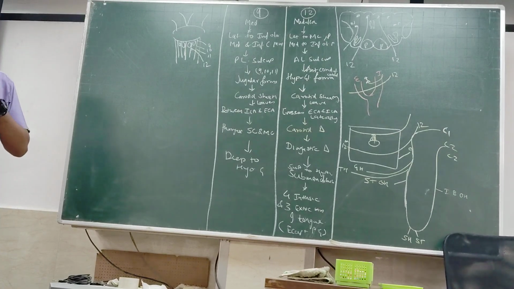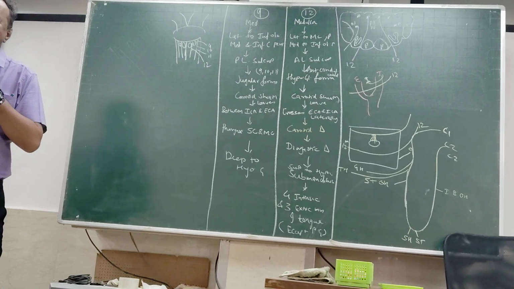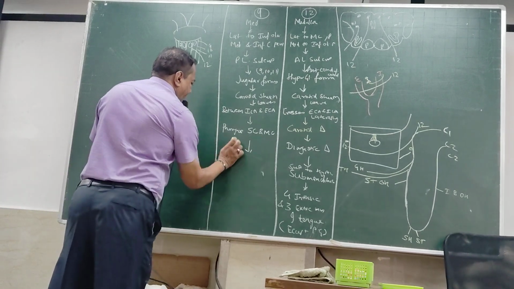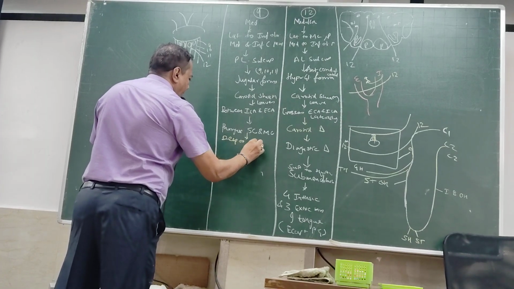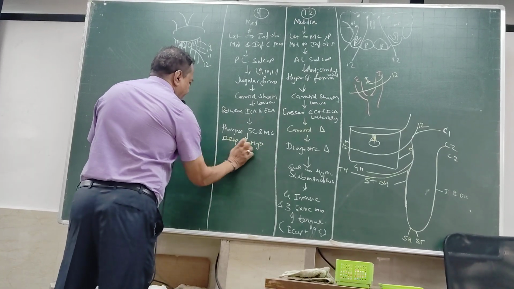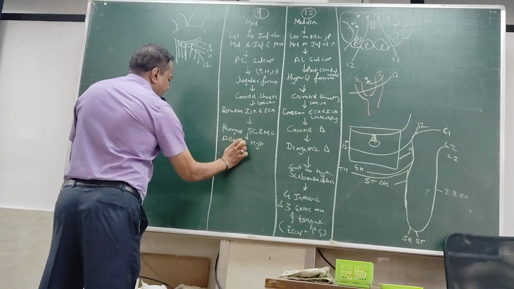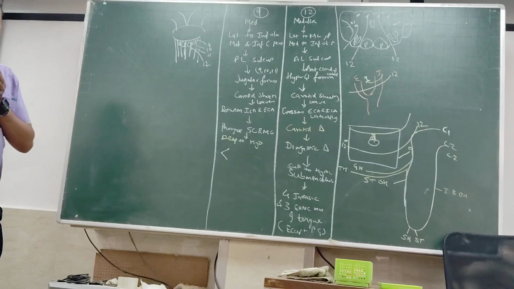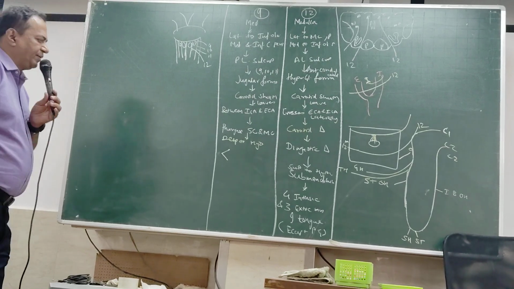Coming to the 6 branches of glossopharyngeal. 6 branches. कैसे आप याद रखोगे ये 6 branches? दो ब्रांचेस जो है दे आर गिवन immediately after coming out of the jugular foramen.